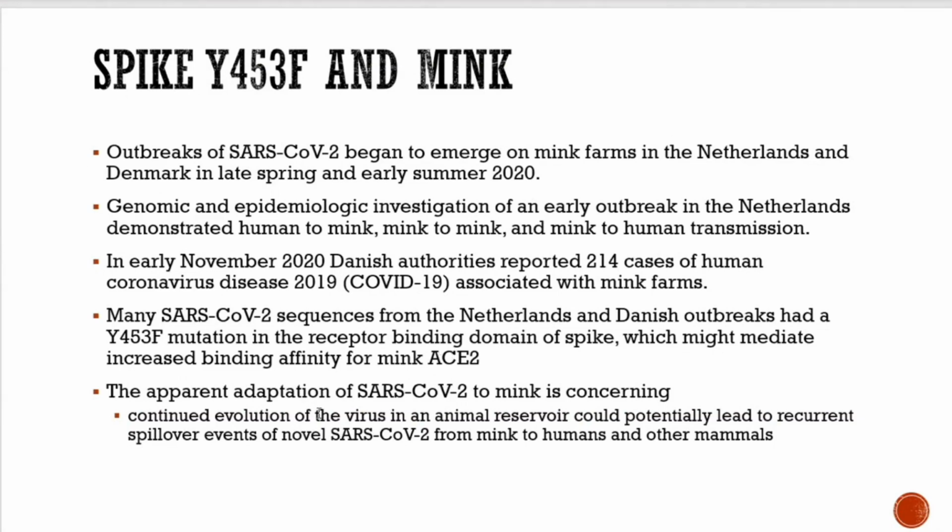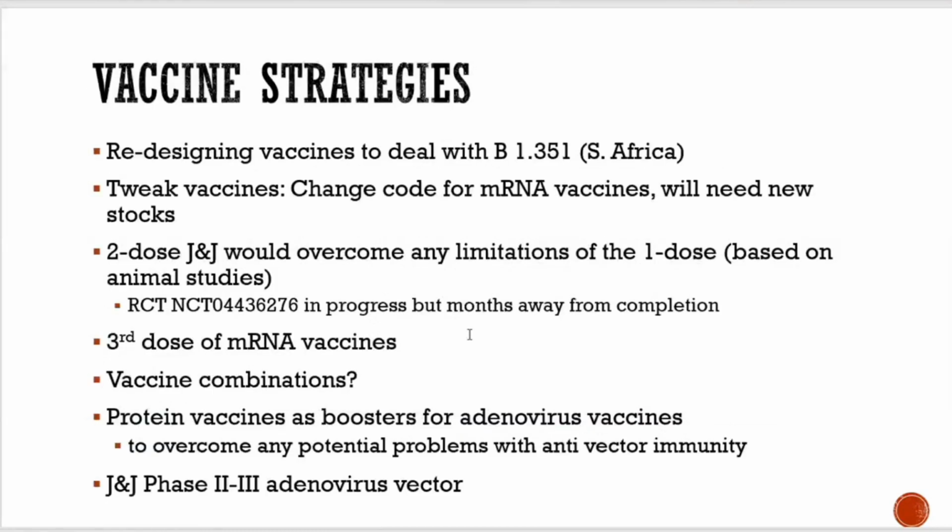This apparent adaptation of SARS-CoV-2 to minks is obviously concerning, because if the virus continues to evolve and we have an animal reservoir, this could lead to potential recurrent spillover events. It's one thing if we try to control disease in humans and reduce the number of human cases. It's another if we continuously have these animal reservoirs and that risk for spillover events.